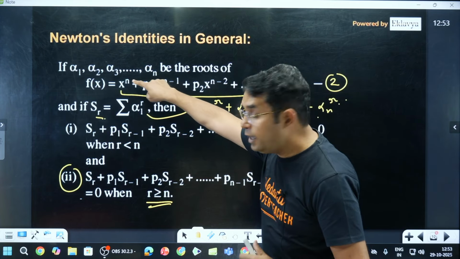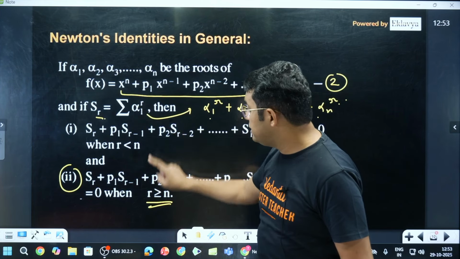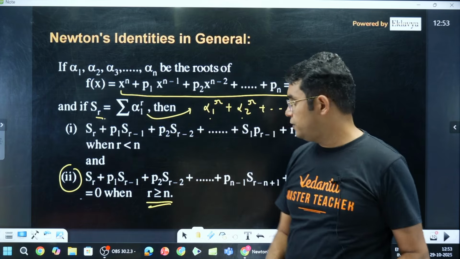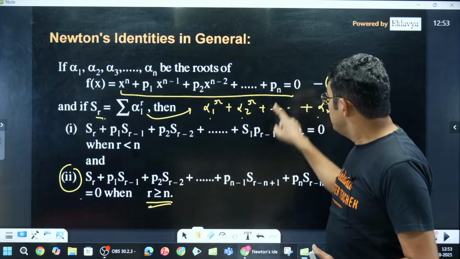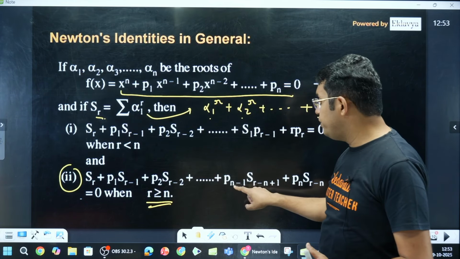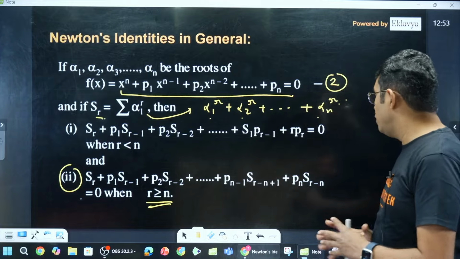Instead of x power n it will be Sr, then p1 with the same coefficient and 1 degree less, p1 Sr minus 1, then p2 Sr minus 2 and so on. The last term will be pn Sr minus n, before that pn minus 1 Sr minus n plus 1, and that is equal to 0.